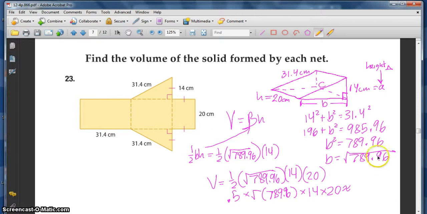So if we do some rounding there, we would get approximately 3,934.9 cubic centimeters.